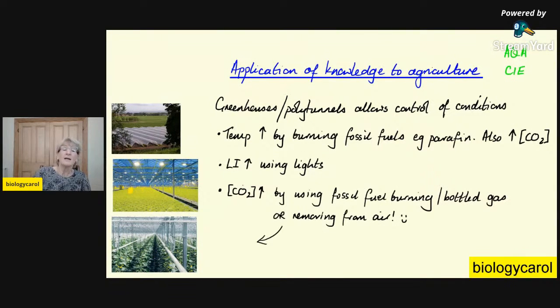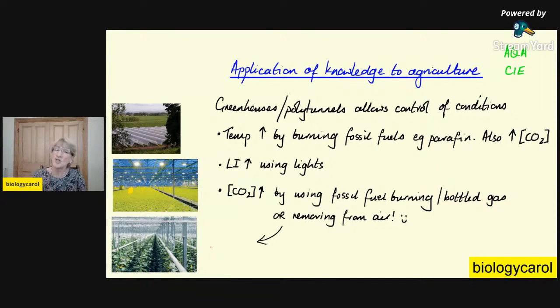And finally, the increase in carbon dioxide, you can either do it by burning fossil fuels, by using bottled gas, or, as in the case that I found on the website when researching this, in this greenhouse in Switzerland, they actually remove carbon dioxide from the air and pump it into the greenhouse to increase the carbon dioxide concentration to make the plants grow faster.